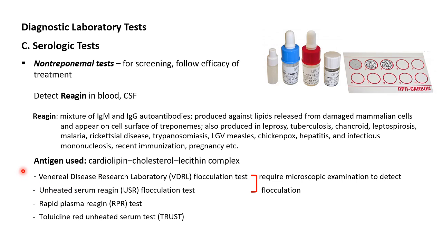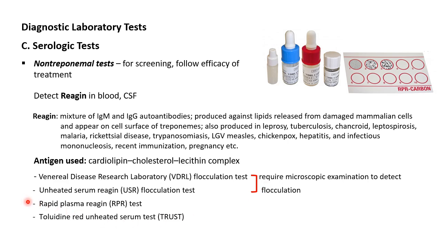The following are the non-treponemal tests. First one here, the Venereal Disease Research Laboratory, or VDRL flocculation test, can also be used with the cerebrospinal fluid. The second one is the unheated serum reagin, or the USR flocculation test. Together with the VDRL, these would require microscopic examination to detect flocculation.